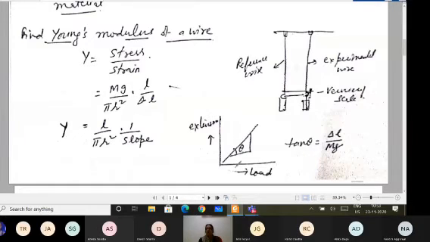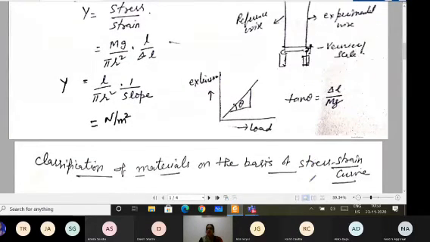It means I will change the load applied. By changing the load applied, I can find the extension, and hence I can find the Young's modulus of elasticity. Of course, that will be in Newton per meter square, same units as that of stress.